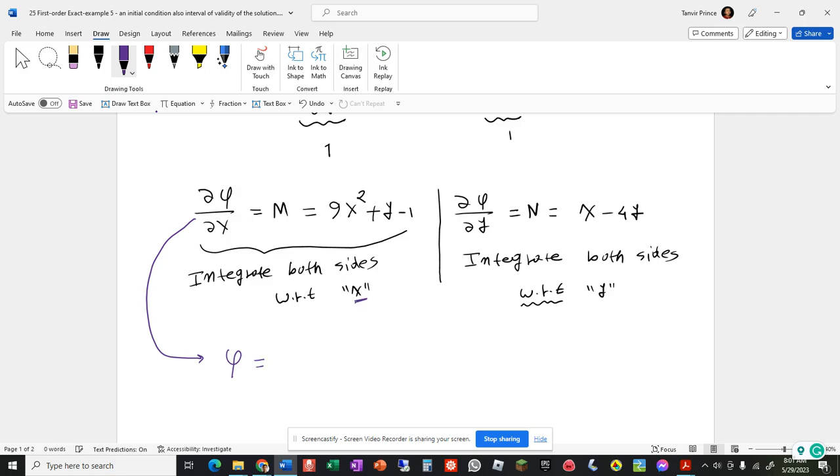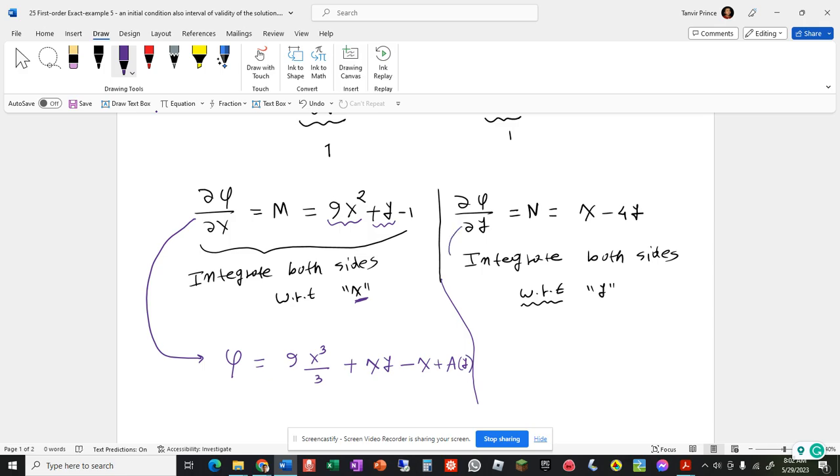Remember, x is the variable, y is like a number, and you're taking integral, not derivative. So the integral of 9x squared is 9x cubed over 3 plus the integral of y, which is a number. So the integral of y is yx, just like the integral of 5 is 5x, the integral of 3 is 3x. Integral of y is yx or xy, minus the integral of 1 is x, and then plus any function of y could be my constant.